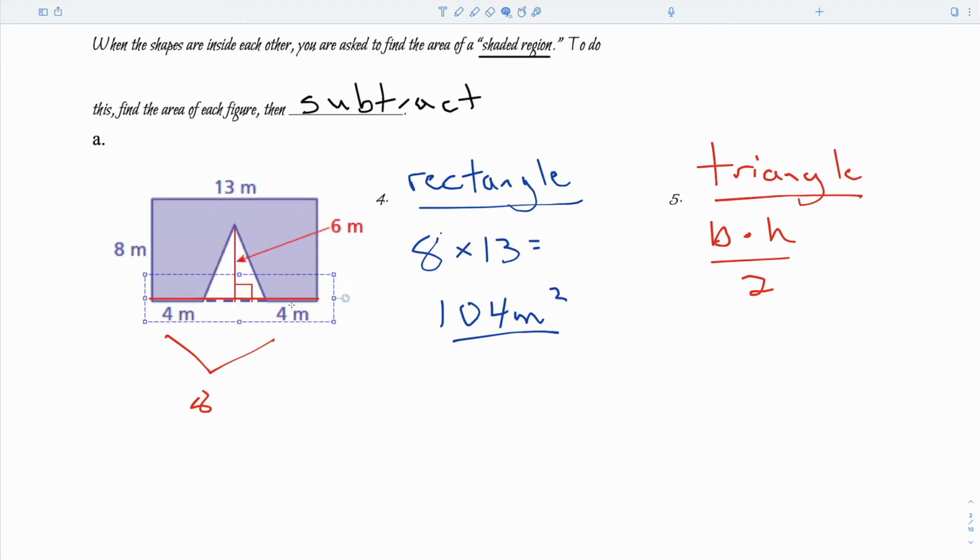It's a rectangle. Nod at me if you see they're the same. When I do that, is it easier for you to see that? Okay. So it needs to add up to 13. 8 plus what is 13? Whole class. 8 plus 5 is 13. So this missing piece is 5. 5 plus 4 is 9 plus 4 is 13. It works. Great. We got our base.